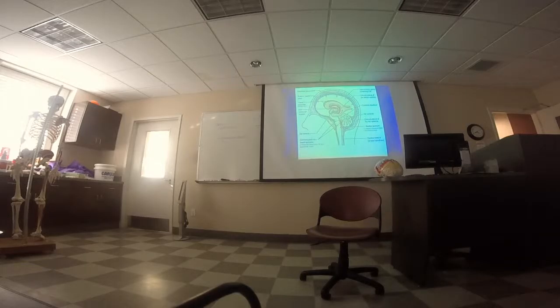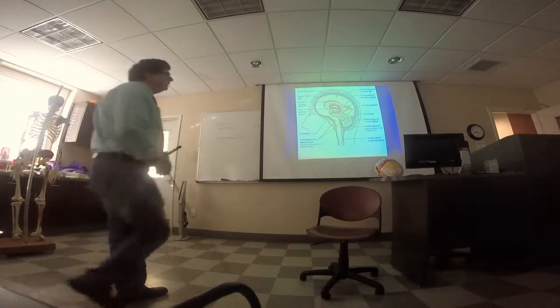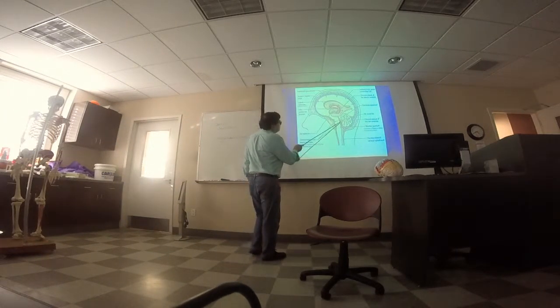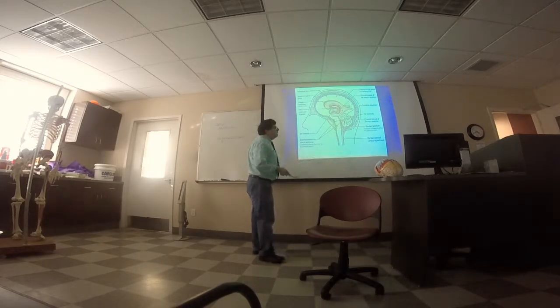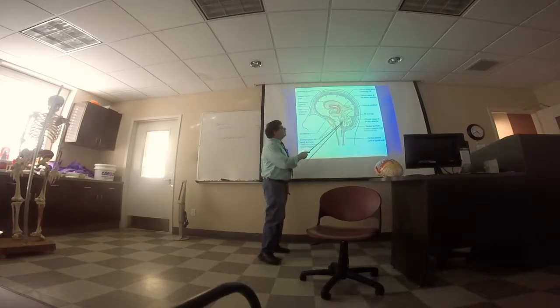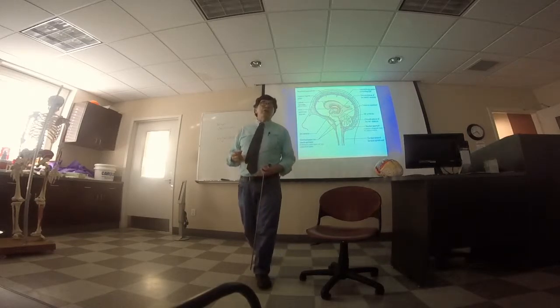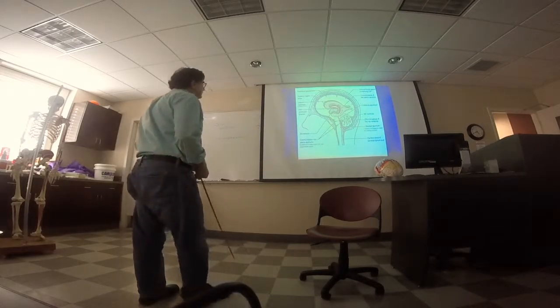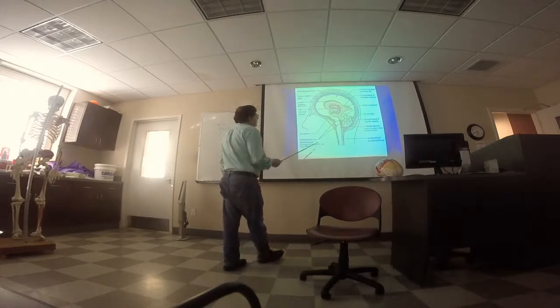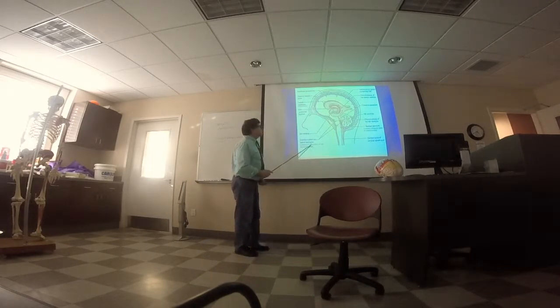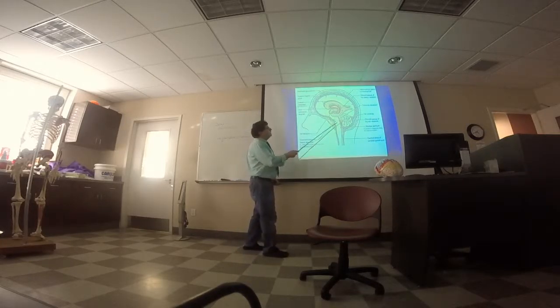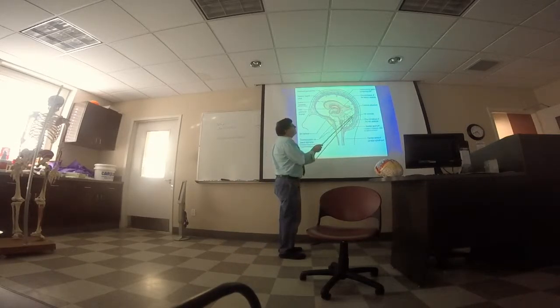Now, for the fourth ventricle, the CSF has some options. It can either pass down inferiorly into the central canal of the spinal cord, like this, or it can leave the fourth ventricle through little openings or foramina, of which there are three. There are these two lateral foramina called foramina of Luschka that allow CSF to escape and flow into the subarachnoid space.